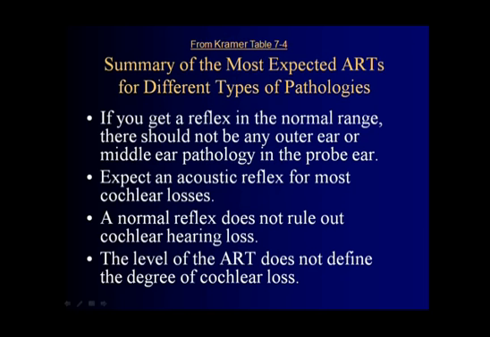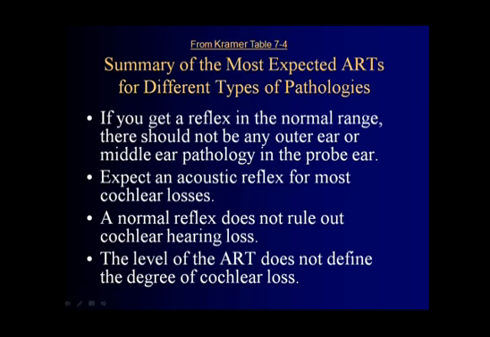And then here's some points from table 7.4 in the Kramer text, a summary of the most expected acoustic reflex thresholds for different types of pathologies. If you get a reflex in the normal range, there should not be any outer ear or middle ear pathology in the probe ear.